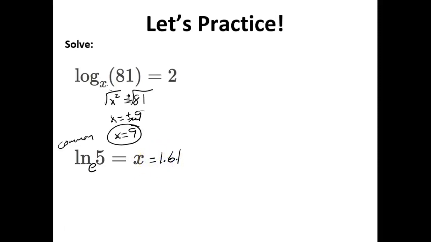Now you might be thinking, well, you don't give us a calculator on a test. I would have to not let you calculate this basically on a test. But know that that button is on your calculator. So you could do ln, type in a 5, and you get 1.61 approximately.